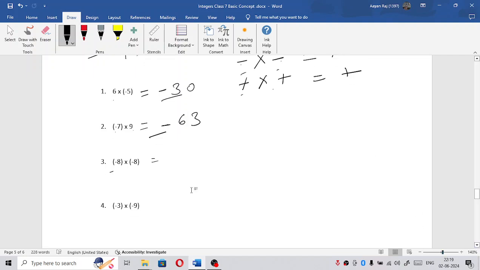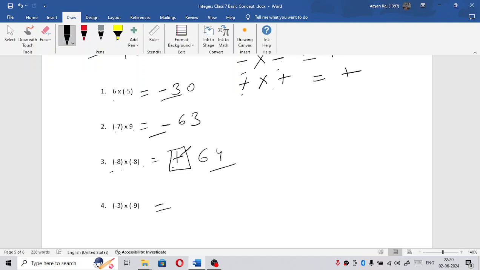So when there are two negative integers and we are multiplying both, you have to change the sign to positive, and 8 into 8 is 64. Since we don't write the plus sign before any integer, we can ignore this plus and your answer would be 64.